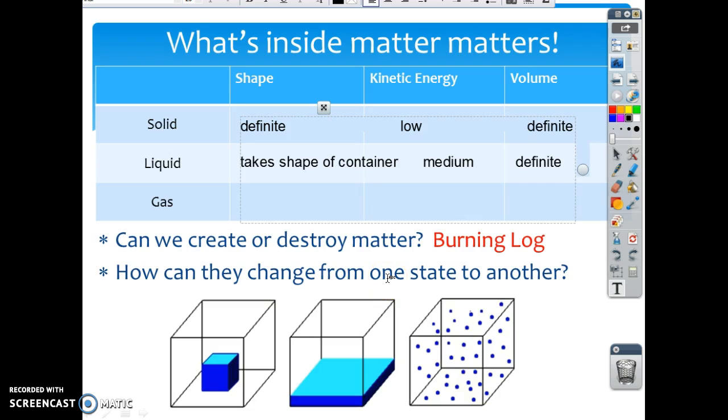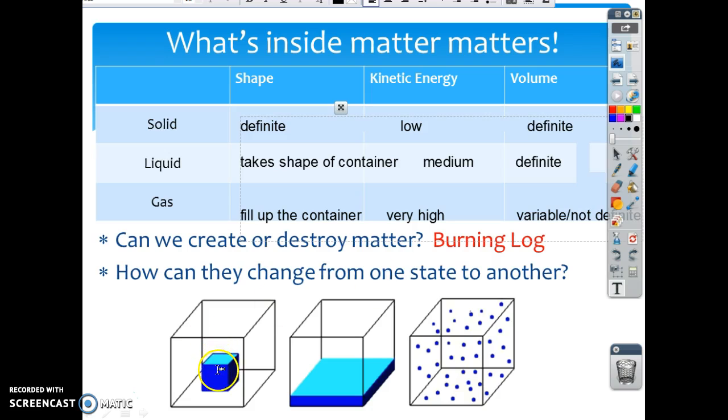What about a gas? Gases fill up the container. That's the type of shape they have. They have very high kinetic energy, and their volume is variable. It's not a definite volume for our gases.